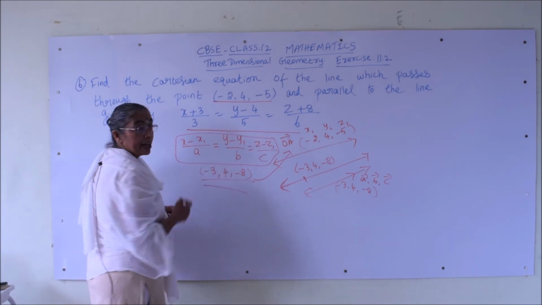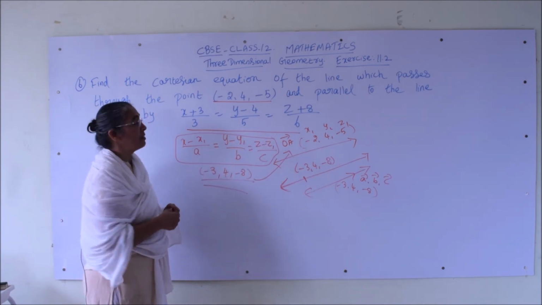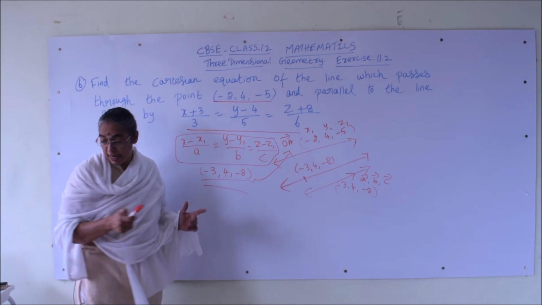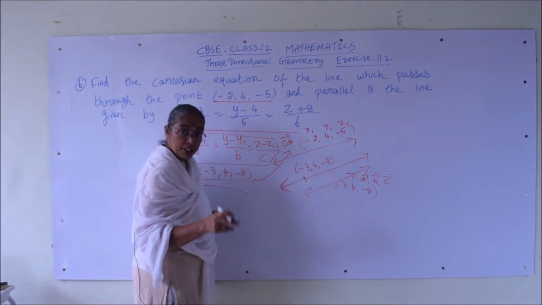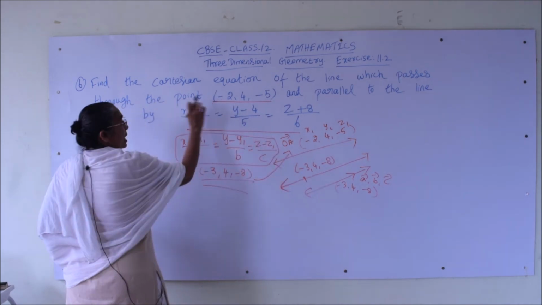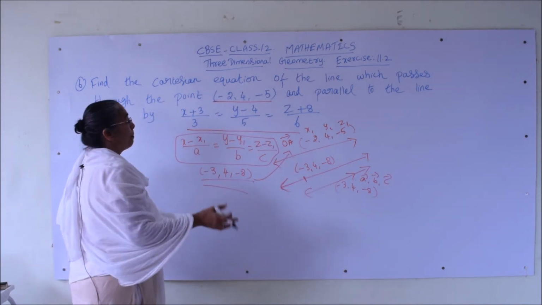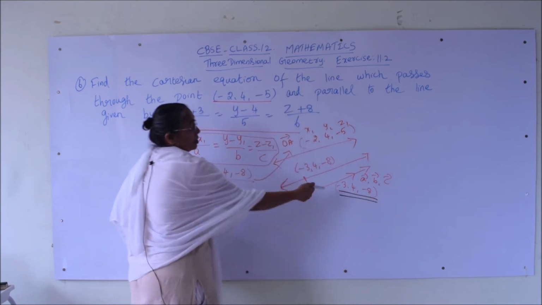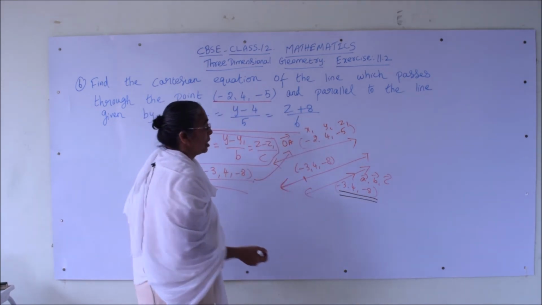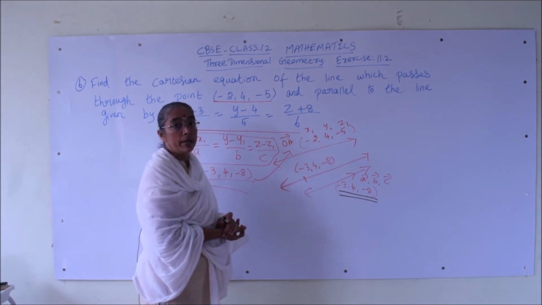The point is already given as minus 2, 4, minus 5. So now we have to find the equation of the straight line passing through this point and parallel to the vector whose DRs are minus 3, 4, minus 8.